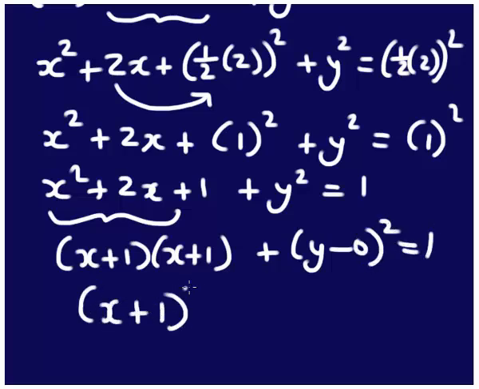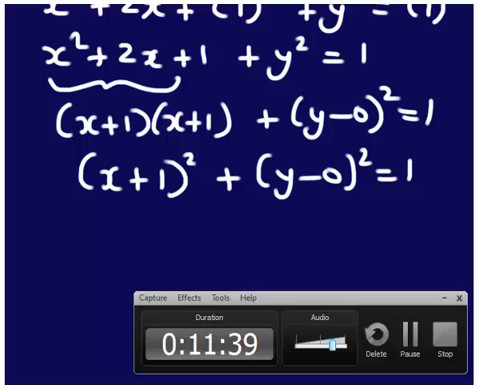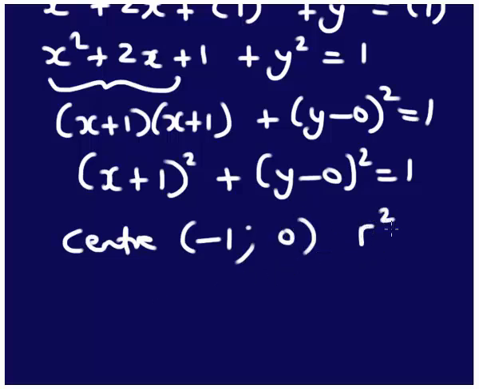So it's (x plus 1) squared plus (y minus 0) squared is 1, and then what do we have? We have the center is, okay, that's 1 becomes negative 1, and then it just stays 0, and then the r squared is 1, so the radius is the square root of 1, which is 1.